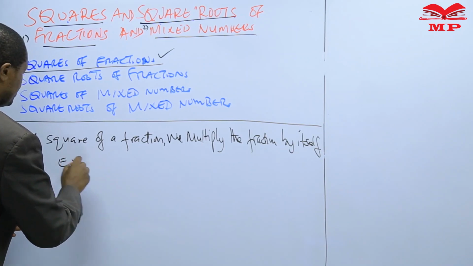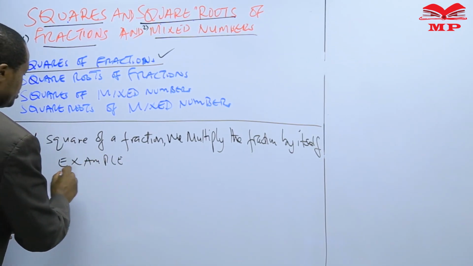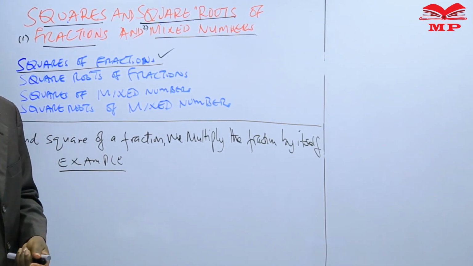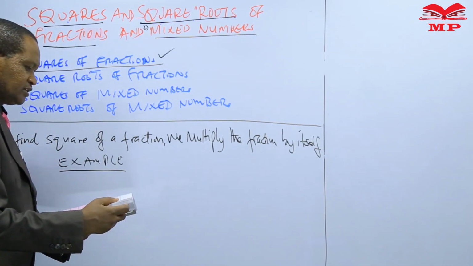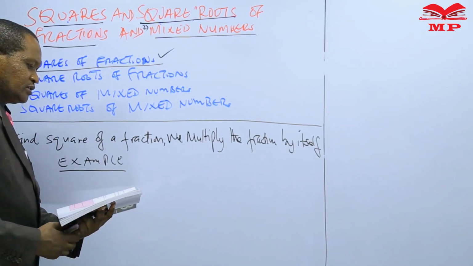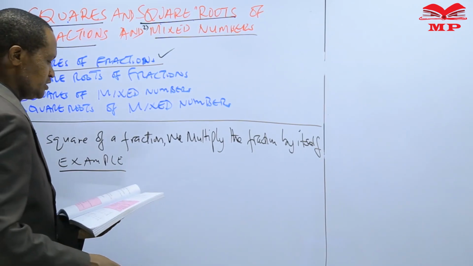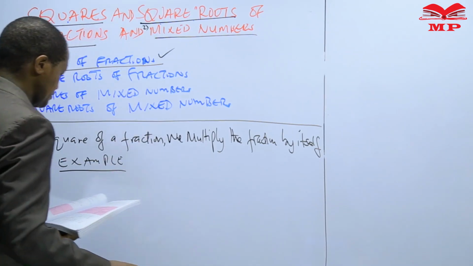Example. I'll take an example from the pupil's book, exercise 21, question 1A. It reads, work out the squares of the following.